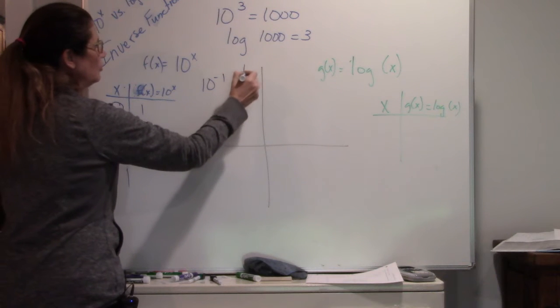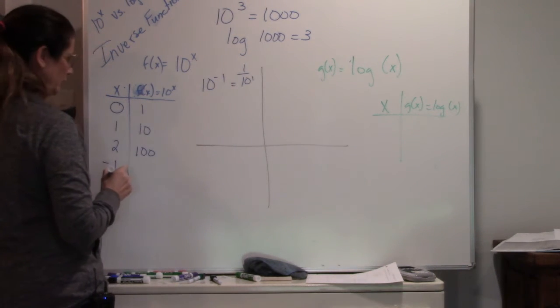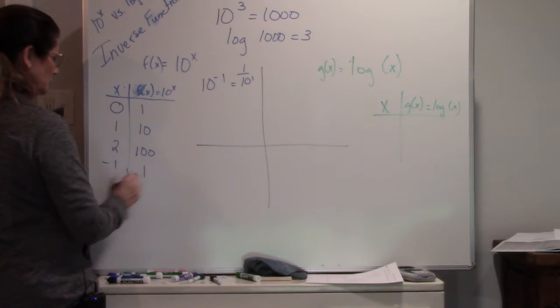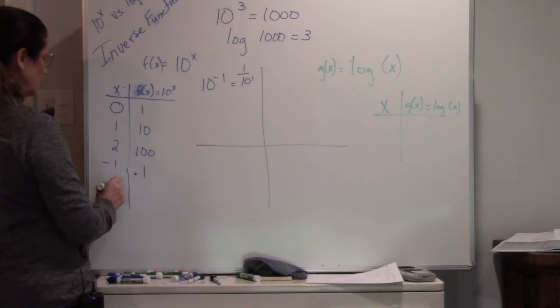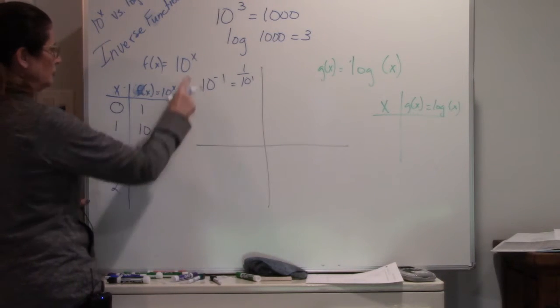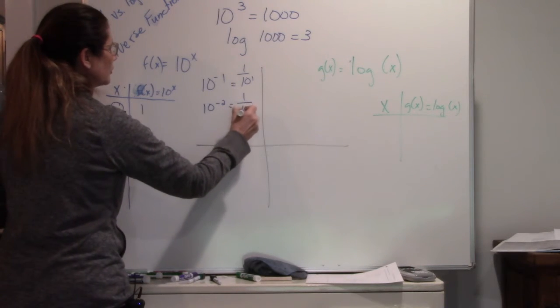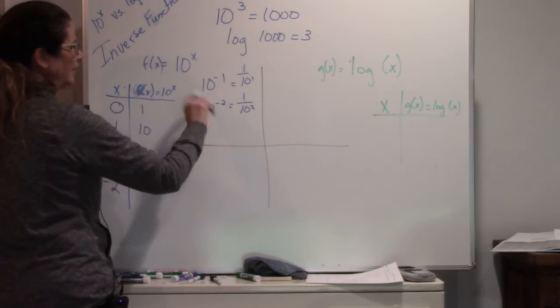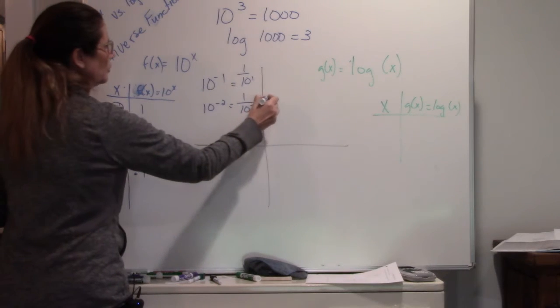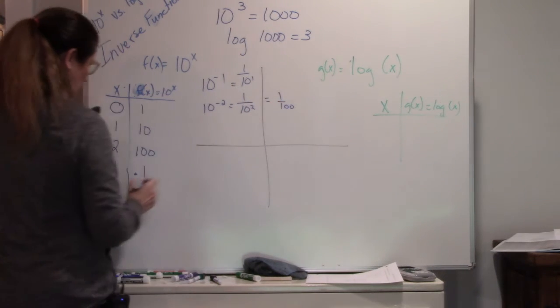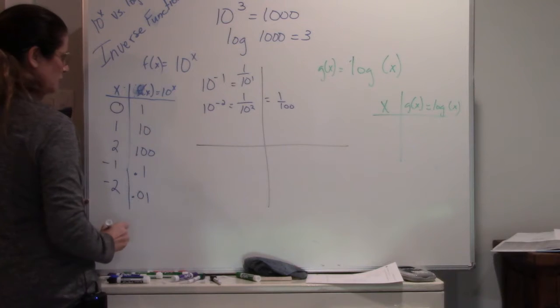So it's 1 over 10 to the first power, and 1/10 is 0.1. 10 to the negative 2 is 1 over 10 squared. Again, that negative says just flip it over, which is 1 over 100, which as a decimal is 0.01.